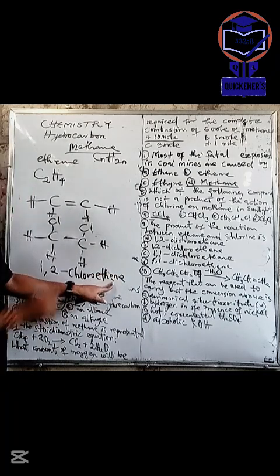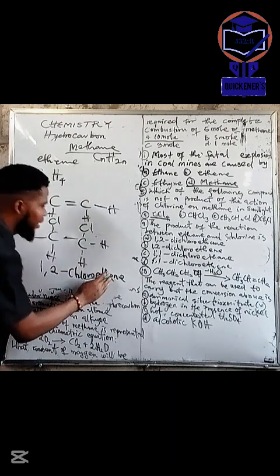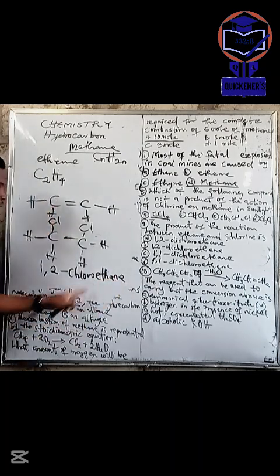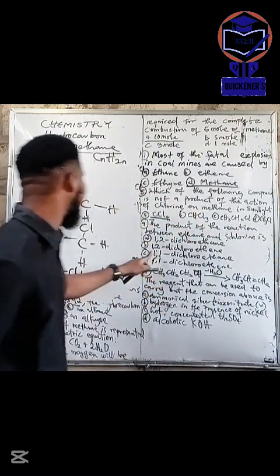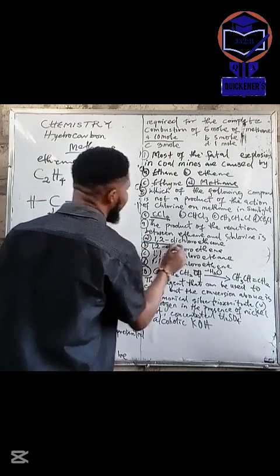This ene is for double bond. As long as there is no more double bond here, it is now ane. You understand that now, right? Let's answer the next question. What's the answer? The next option is what? That's option A. This is our correct answer.